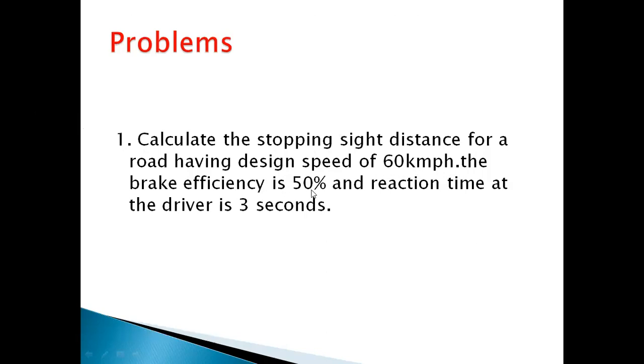The brake efficiency is 50% and the reaction time of the driver is 3 seconds. The design speed of one vehicle is 60 kilometer per hour, the efficiency of the brake of that vehicle is 50%, and the reaction time is 3 seconds.